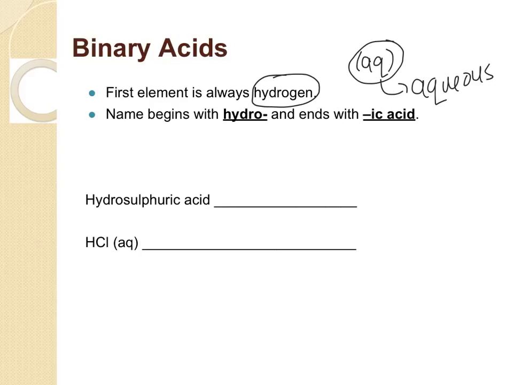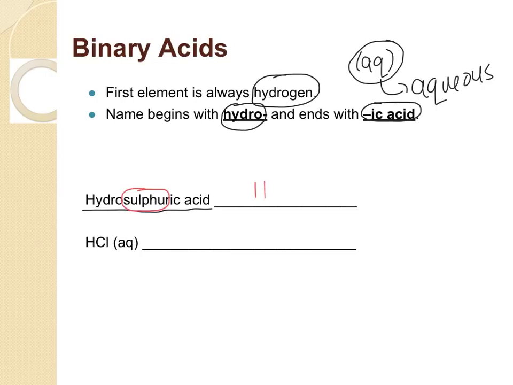They're never fully pure. So in order to name these, the name is going to begin with hydro, and it's going to end with ic acid. So for example, one would be hydrosulfuric acid. What you've got to pull out of this is that the second atom in this formula would be sulfur.